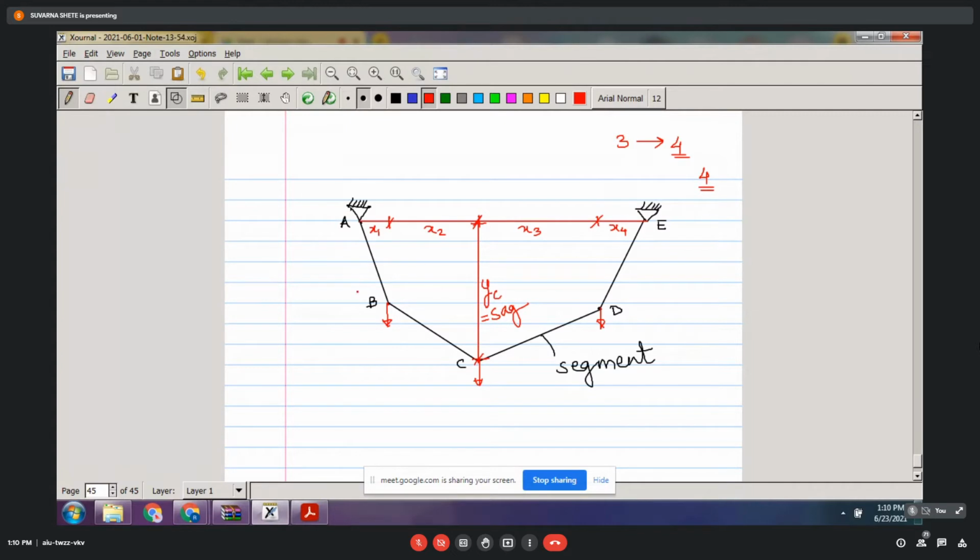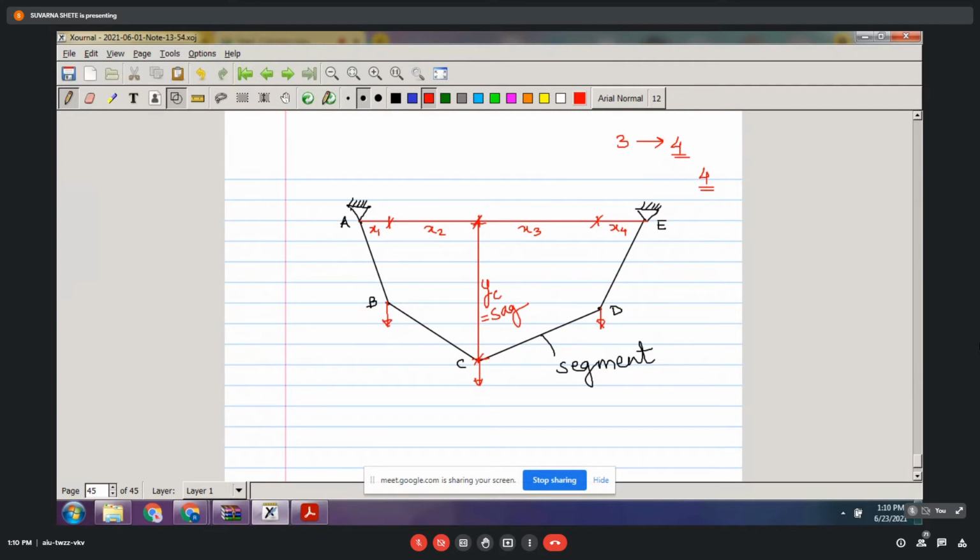Now here in this case, if you see this cable structure, every single part of the cable, that is AB, BC, CD, DE, is known as a cable segment, which is connected at the joints. They are forming joints, and load is not applied on the cable segment, but load is applied on the joint, just like a truss. Okay?